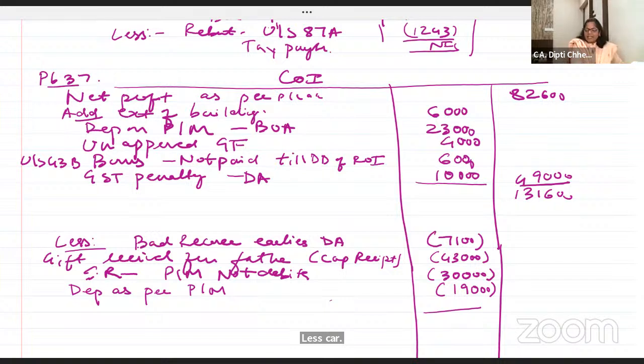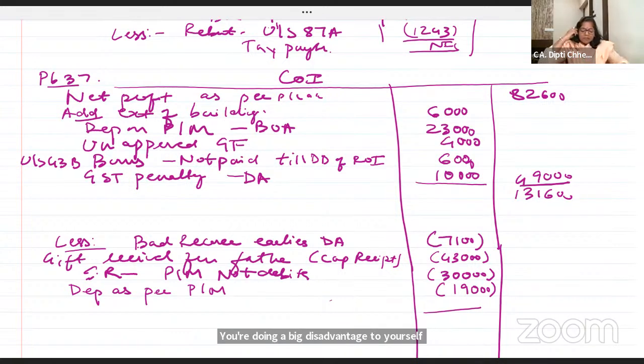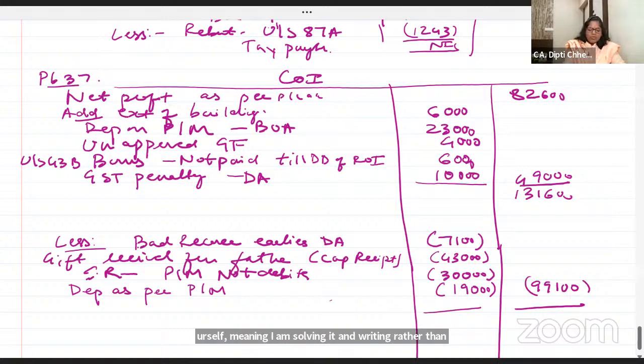Anyone just sitting in the class की answer है? You are doing a big disadvantage to yourself. बेटा एग्जाम में नहीं. जब दीप्ति मैम इतने सालों से पढ़ा के I am solving it and writing rather than doing tick tick, then you please don't do it. You should also write. How much you are getting the business income? 32,500. Then other source income you have to add and PPF.